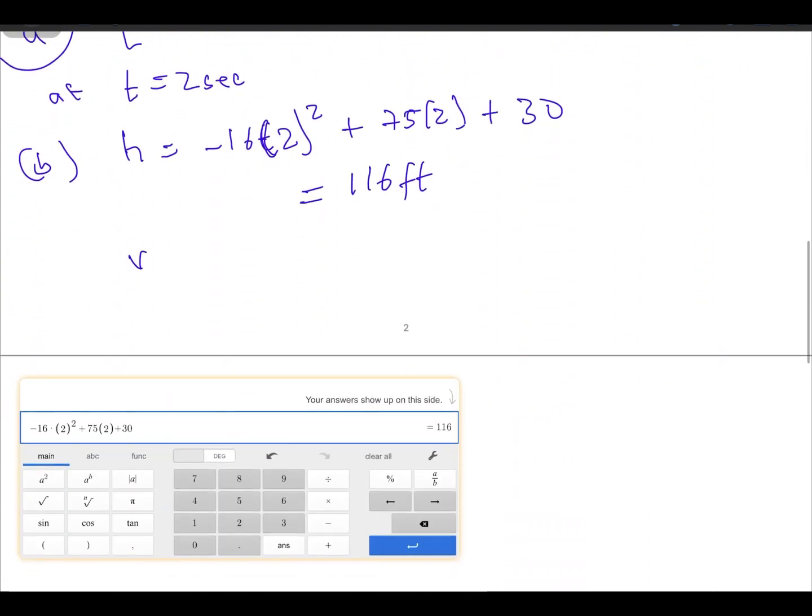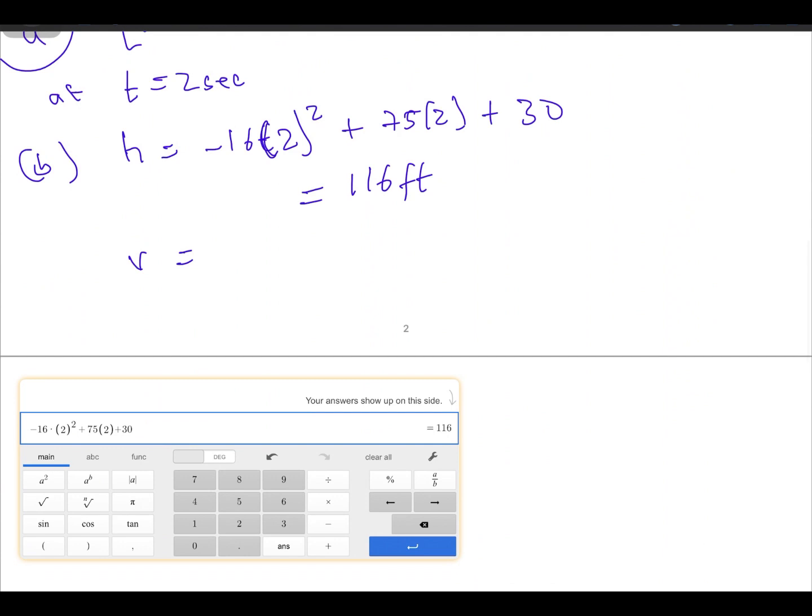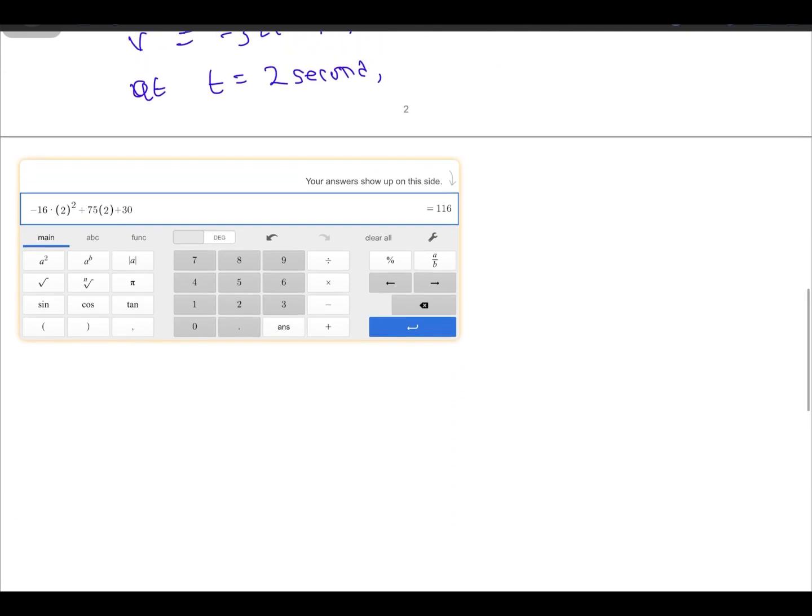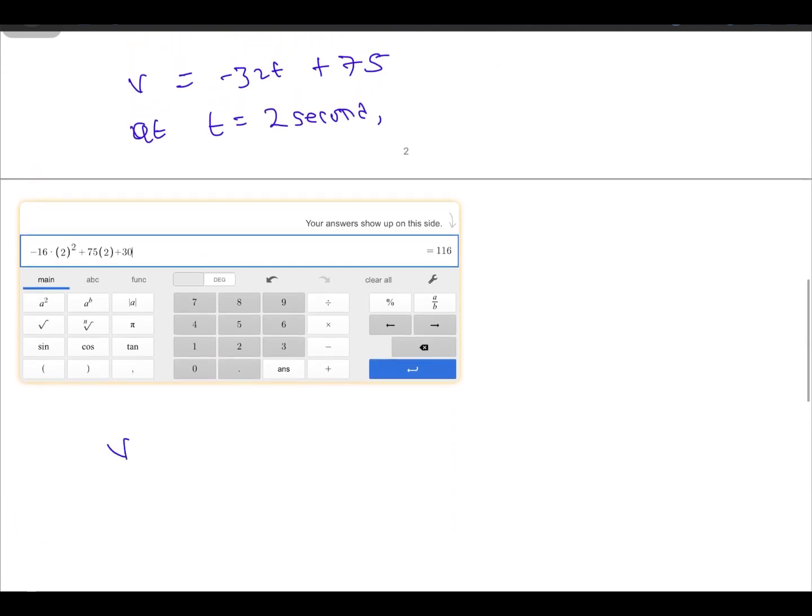So basically the velocity is equal to negative 32t plus 75, and therefore at 2 seconds we are going to have our velocity v equal to negative 32 times 2 plus 75.